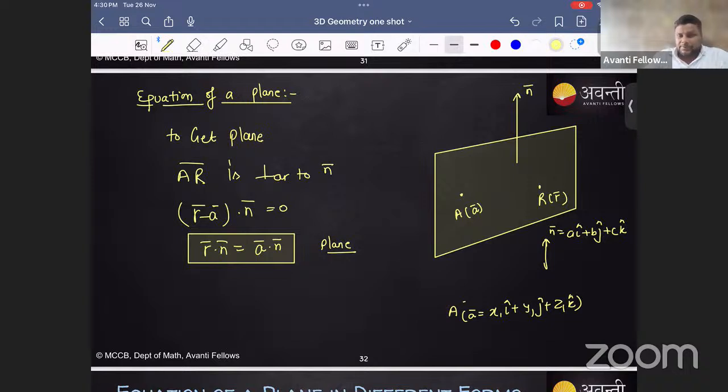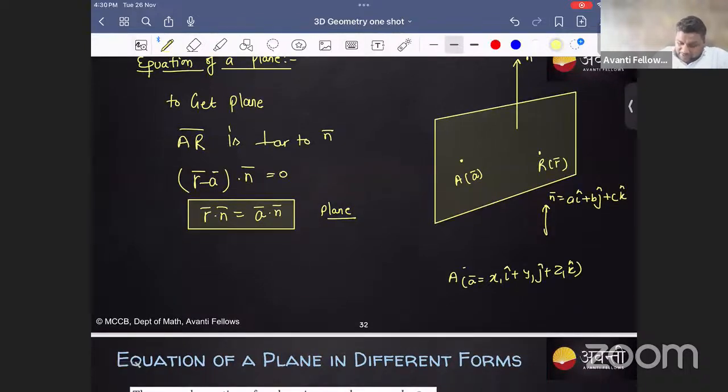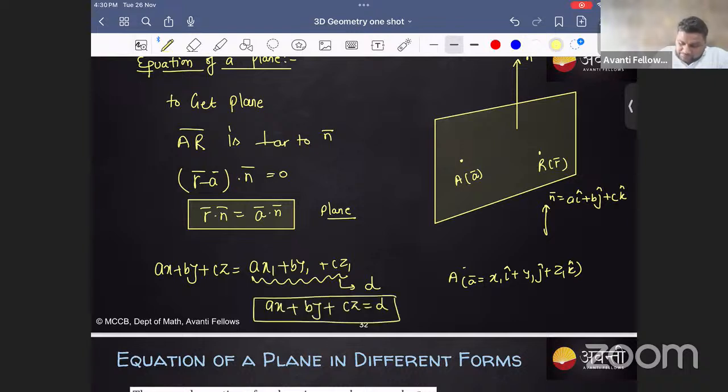So r dot n is a dot n. So r dot n will be ax plus by plus cz equals a dot n, which means ax1 plus by1 plus cz1. Now this ax1 plus by1 plus cz1 is going to be some constant d. So equation of plane is ax plus by plus cz equals d.